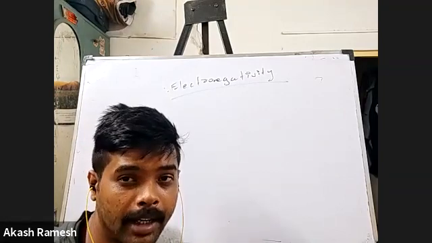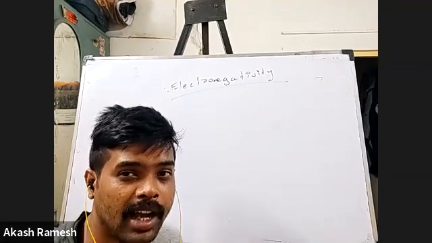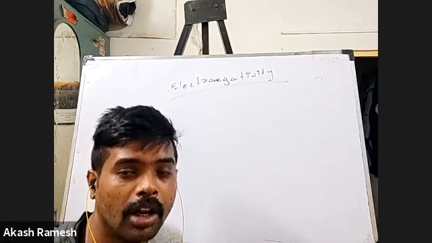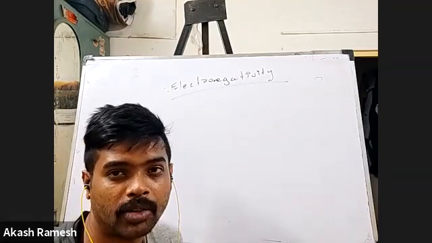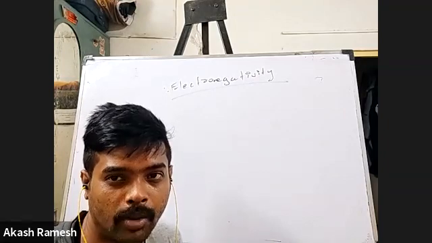So it is the ability of the element to attract a shared pair of electrons towards itself. That's what electronegativity is. So from the definition you can understand what I'm trying to tell.